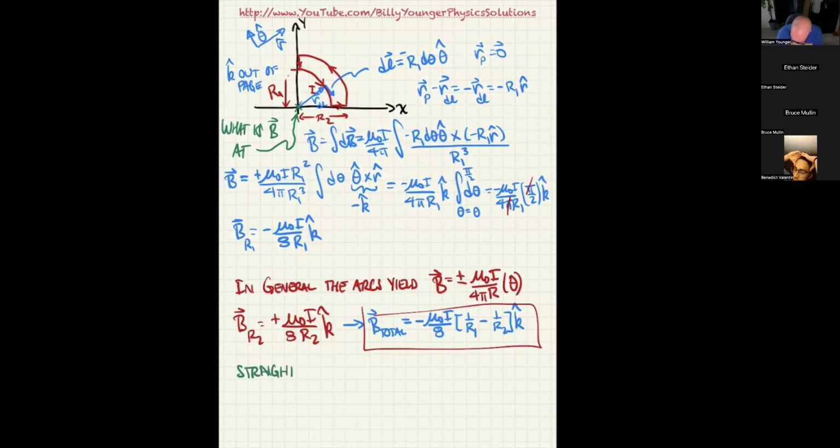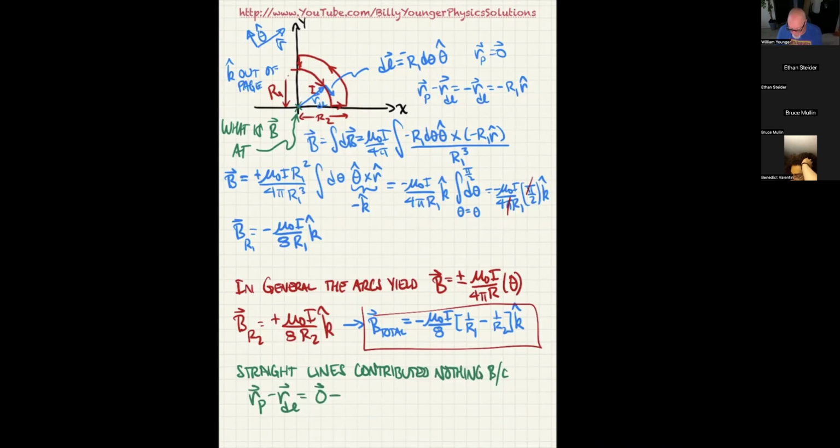Straight lines contributed nothing because dL cross (rP minus r dL) is equal to 0.